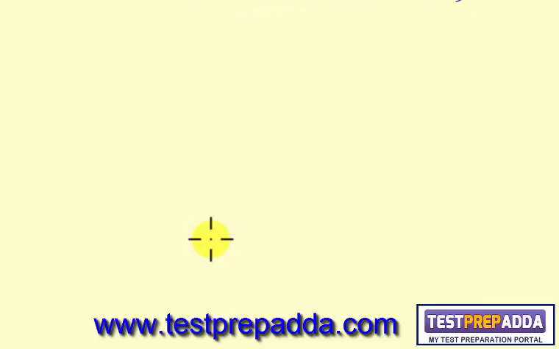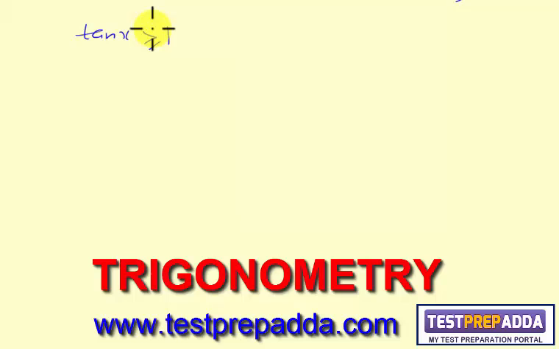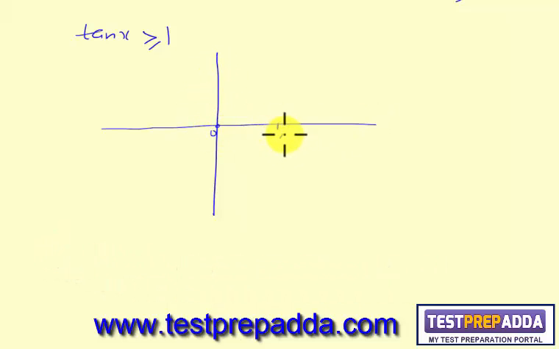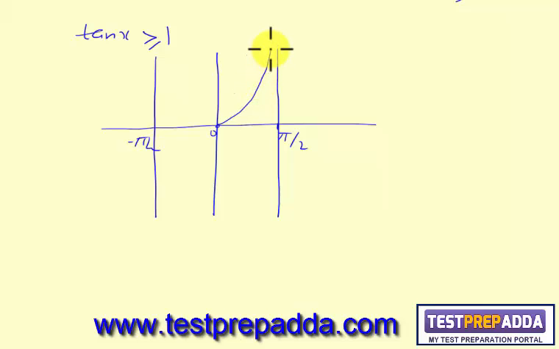I take a question here for tan. If I take tan x greater than or equal to 1, what will I do here? First I will draw the graph of tan x. This is 0. If I take this as pi by 2, and here minus pi by 2, the graph will be like this.